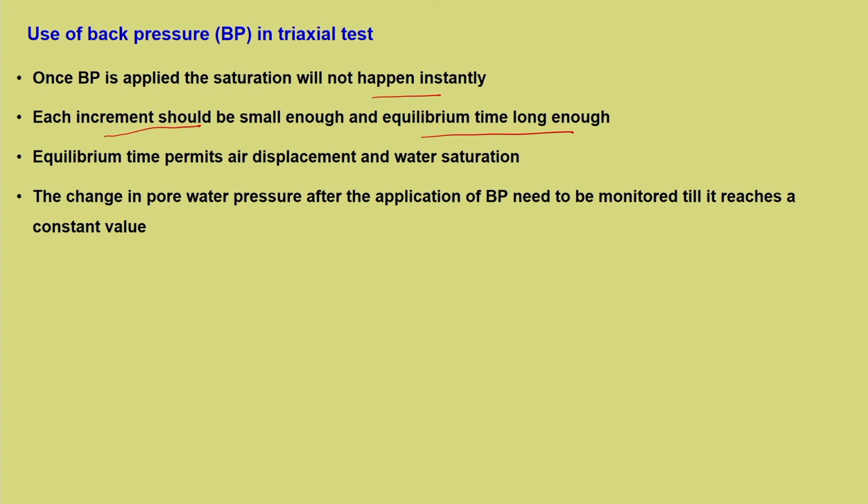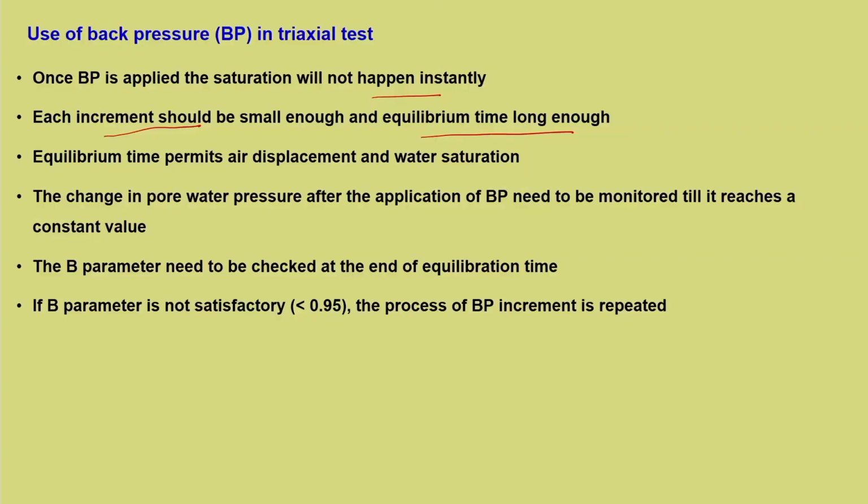The change in pore water pressure after the application of back pressure needs to be monitored till it reaches a constant value. The B parameter needs to be checked at the end of equilibration time. So, once the pore water pressure equilibrates, we know what is the incremental pore water pressure that has happened for an incremental rise in cell pressure or the back pressure.